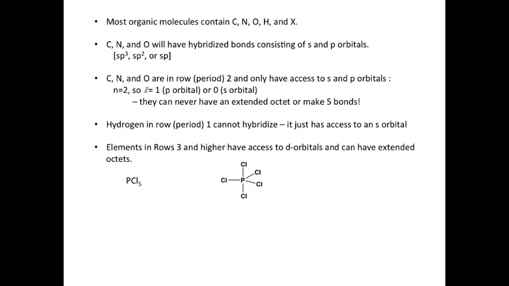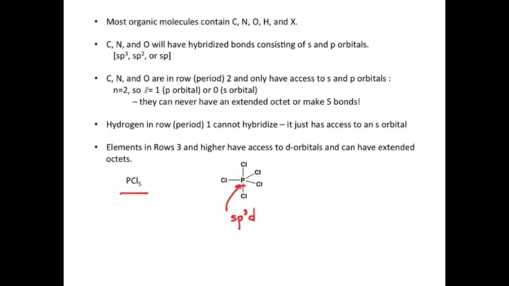So if we think about something like PCl5, here we have a phosphorus atom surrounded by 5 chlorine atoms, and we have to have 5 hybridized orbitals to make those bonds from the phosphorus to the chlorine atoms. So therefore, the hybridization of this phosphorus has to be sp3d.